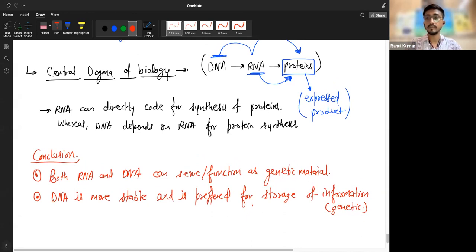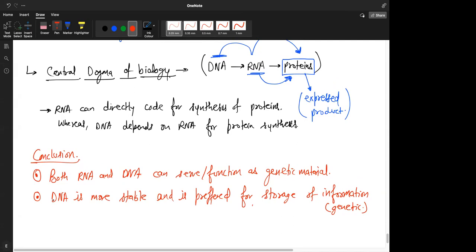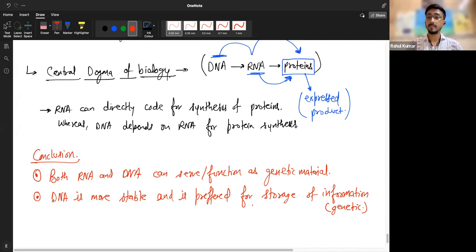DNA. Yes, when you store information, let's say in a pen drive, you depend on something which is more stable, which cannot get corrupt easily. Yes or no? Which is safe for your information. So DNA is more stable and hence preferred for storage of information.